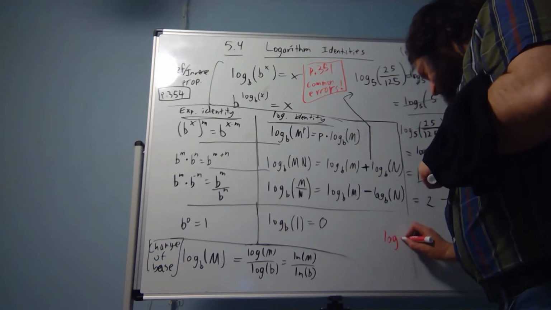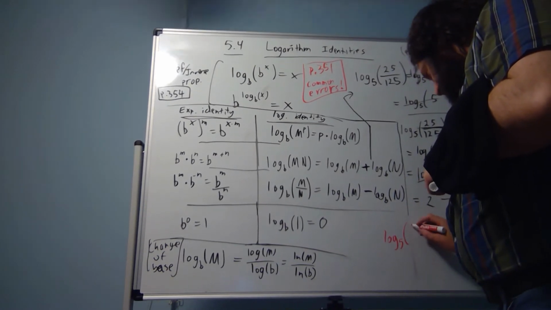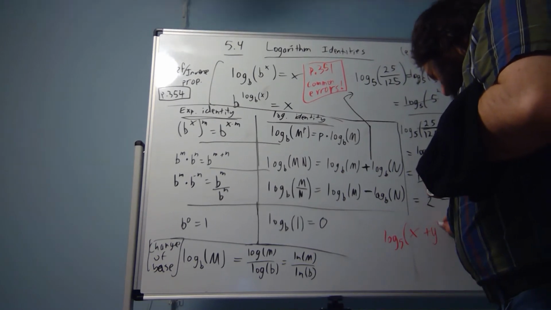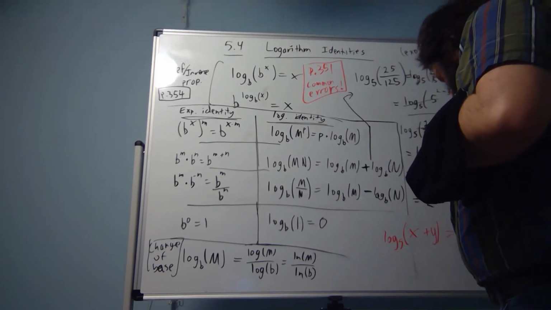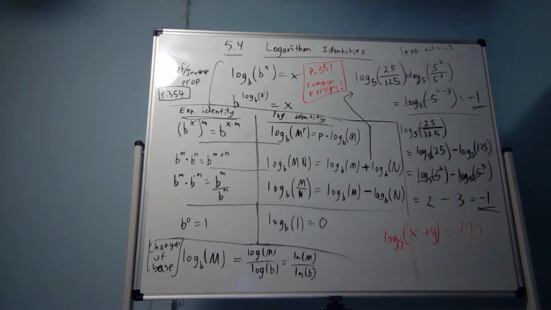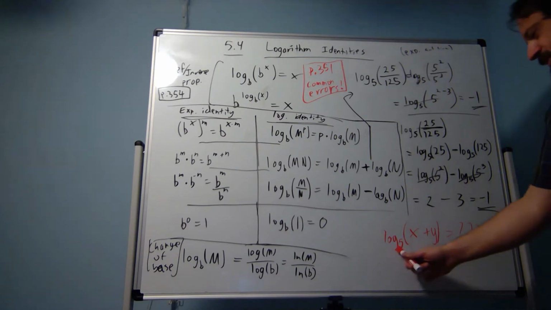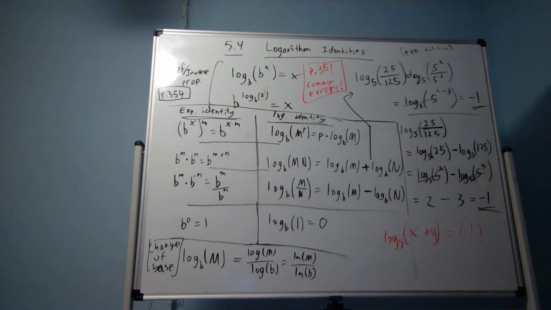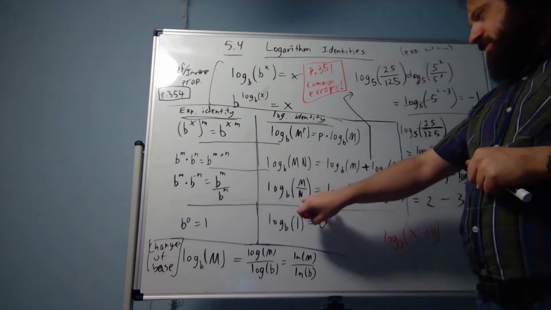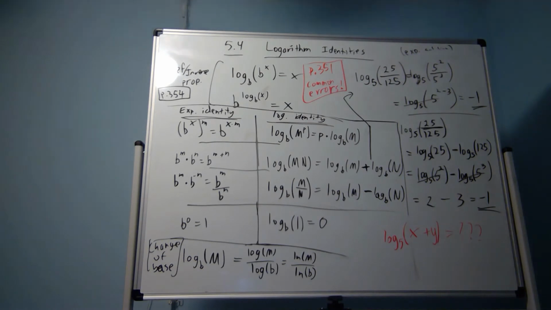Like log base 5 of x plus y is just nothing. It's whatever that is. x is a number, y is some number, and log base 5 is some complicated thing you have to do with your calculator. There is no relationship between log base 5 of y and log base 5 of x. You don't get anything for free out of that. There are no identities where there's a plus on the inside of the logarithm.